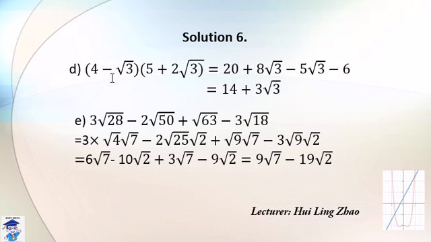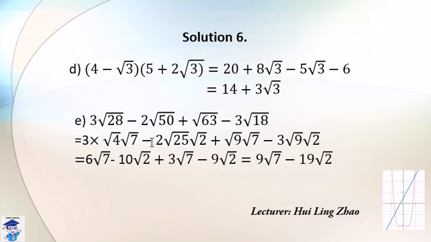The last term is negative square root of 3 times 2 times the square root of 3. This is negative, 3 times 2 is 6. And then, a correction: 20 minus 6 is 14. And 8 minus 5 is 3. So the answer is 14 plus 3 times the square root of 3.